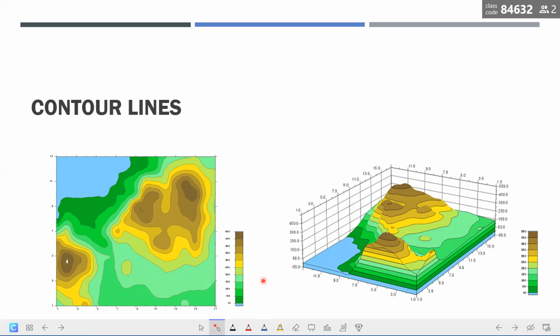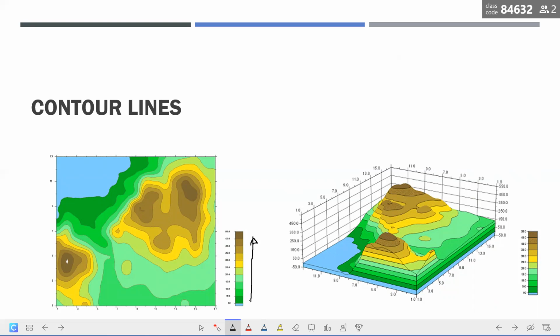Now you notice as the elevation becomes higher, the color code changes as well.